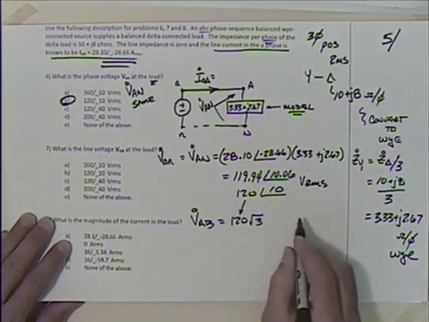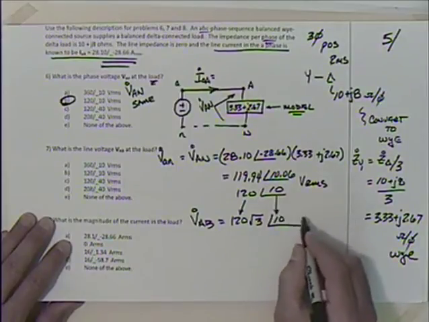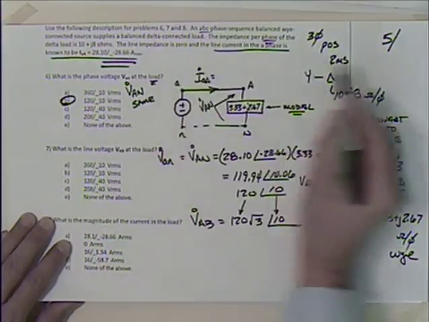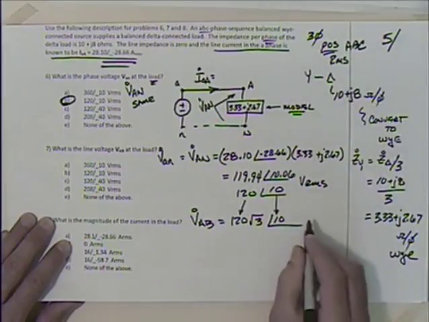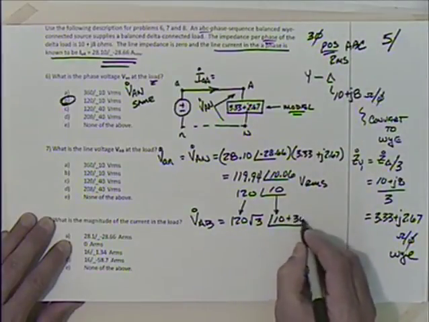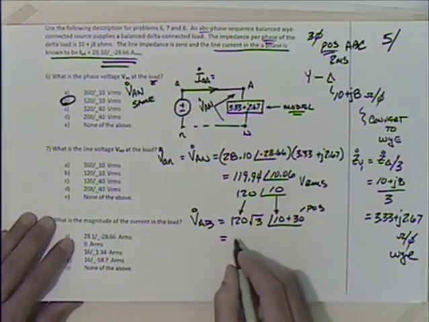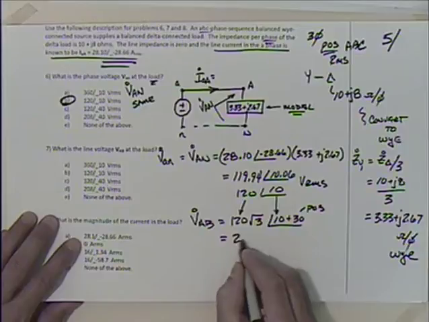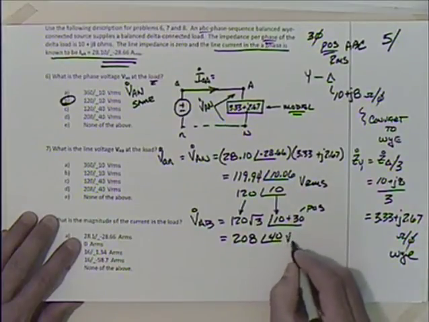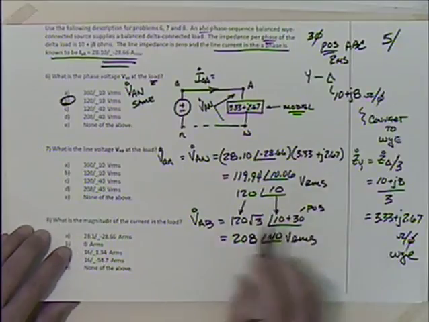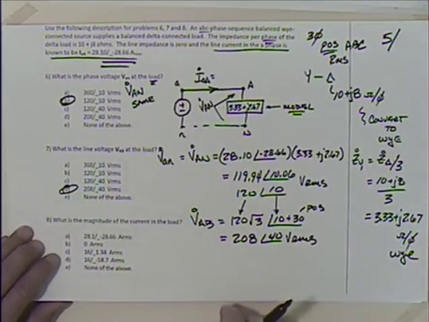I multiply by the square root of 3, and then I take the angle there, and because it is positive phase sequence A, B, C, I'm going to add 30 degrees. So with that, I come up with 208 at an angle of 40 volts RMS. So 208 at 40, we've got answer D.